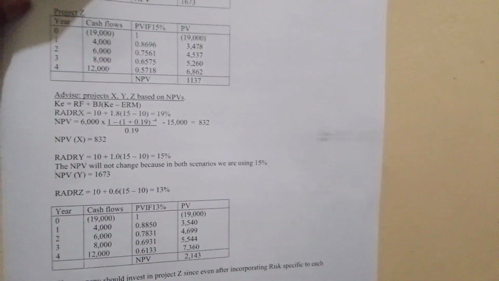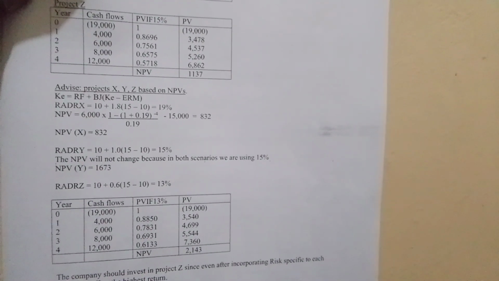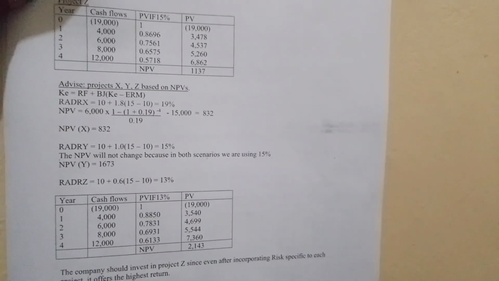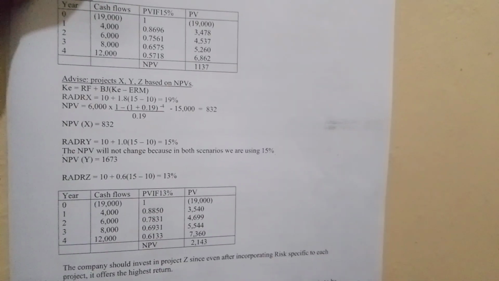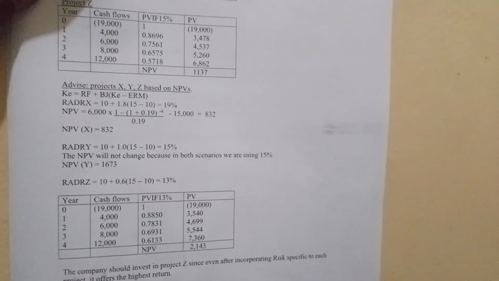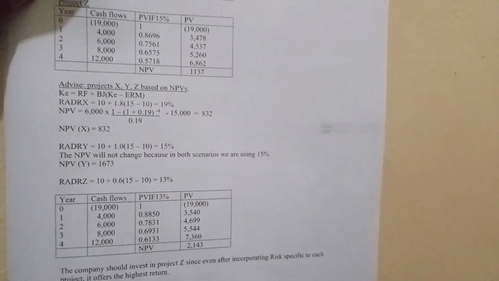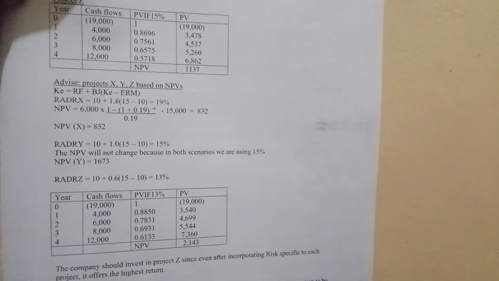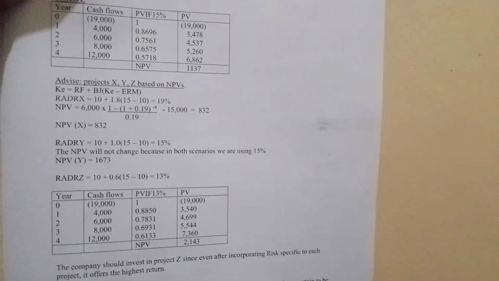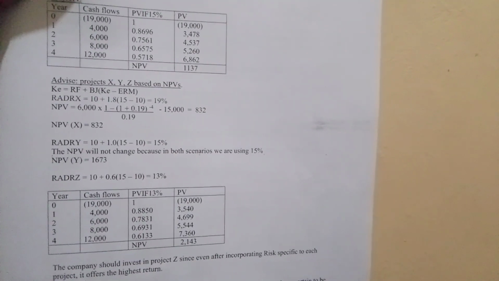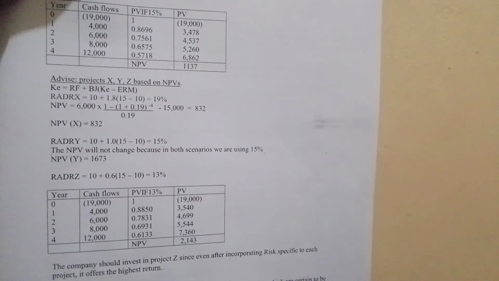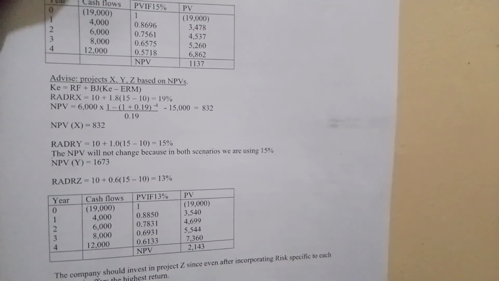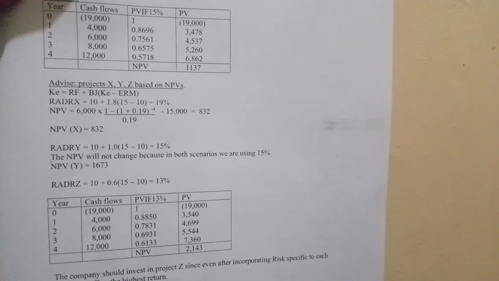By using 19%, we can now calculate the net present value. That means instead of using 15%, you use 19%. So, remember for project X, the cash flows are annuities. So we'll be taking 6,000 times 1 minus (1 plus 19%) raised to negative 4, divided by the rate of 0.19, minus the initial capital outlay of 15,000, you get 832.